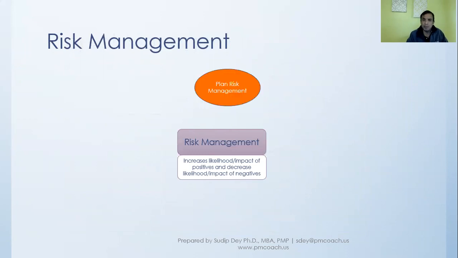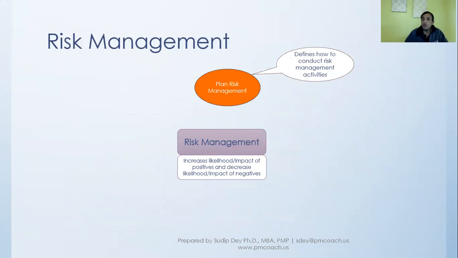Now, if we look at the different processes, the first process is plan risk management. Like other plans, it is a subsidiary of the project plan, and we'll see how to conduct these risk management activities.